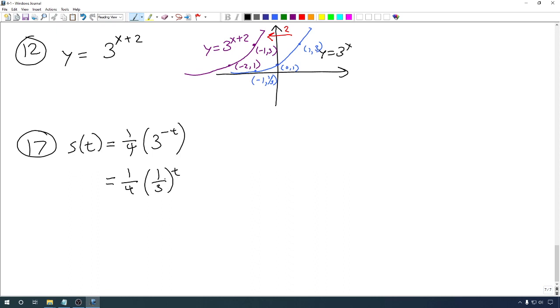Basically, we have a base here that is less than 1. We do have a multiplier out in front, but for the moment we're going to ignore that. We're going to graph this function here, this 1/3 to the t power. That is an exponential function.